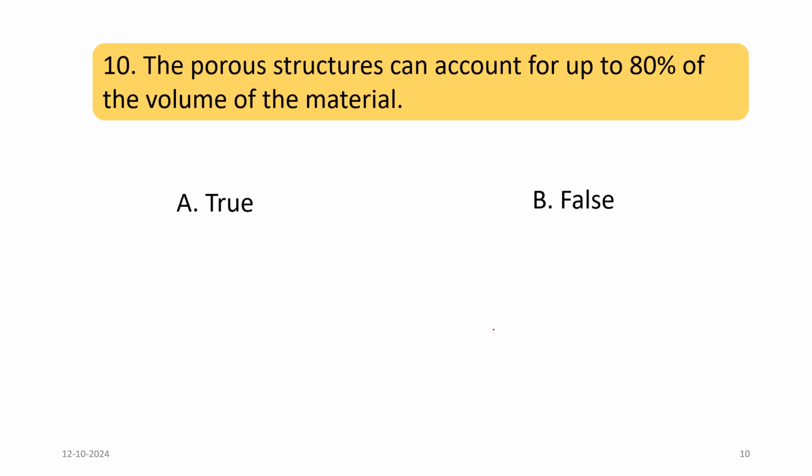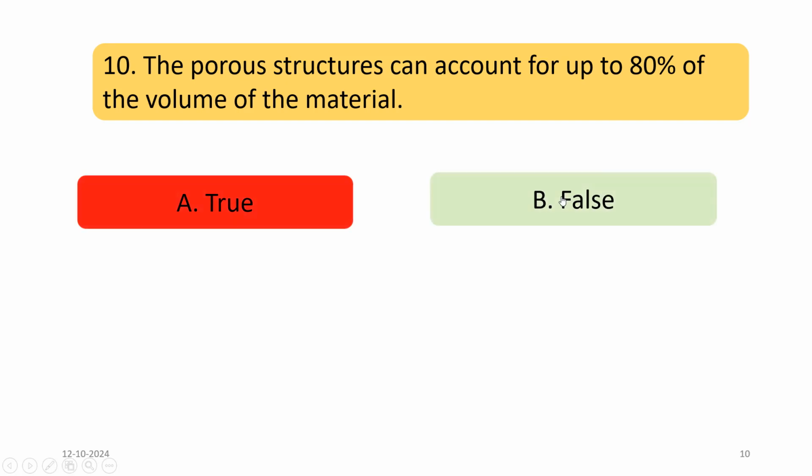True or false? The answer is false, because it is not 80%. It is 50%. So, the porous structures can account for up to 50% of the volume of the material.